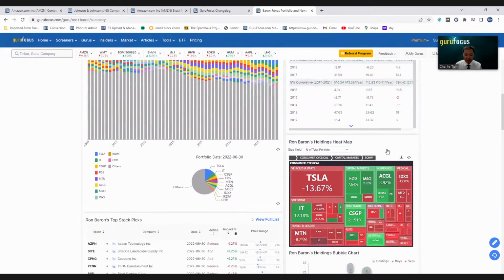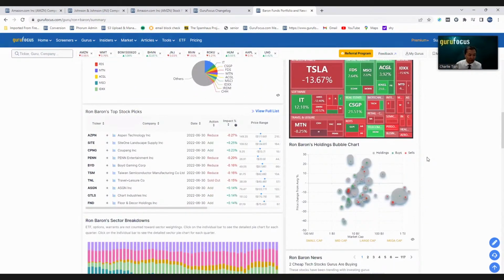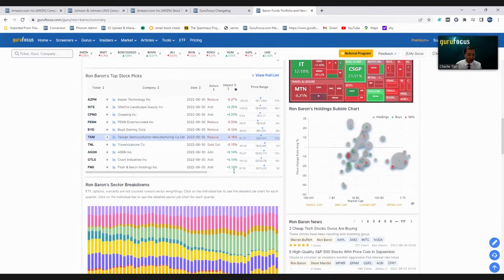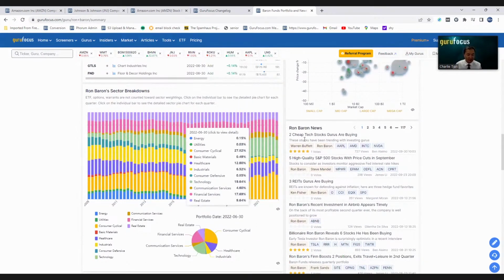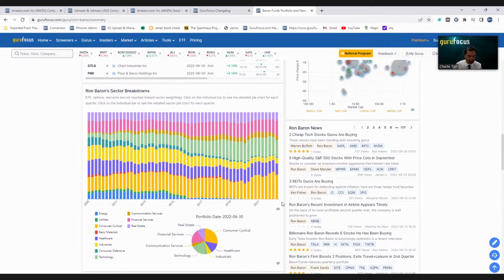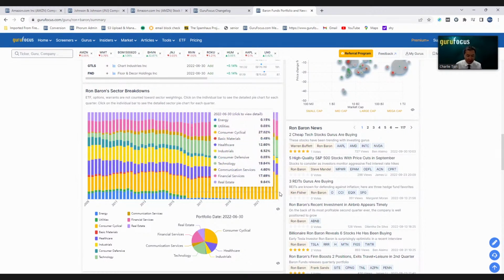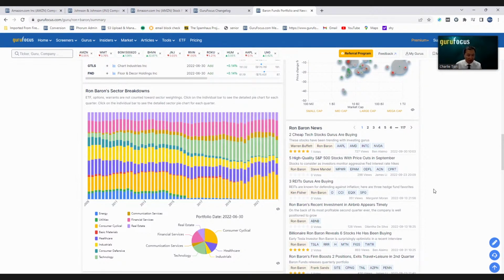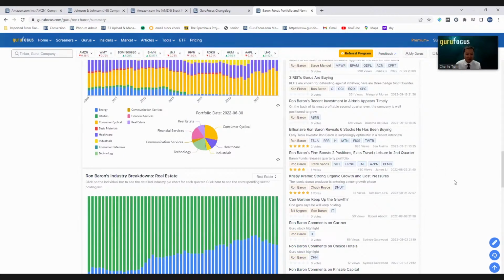That's his yearly returns over the years. Okay, that's his sector breakdown. His largest sector is consumer cyclical, and financial services is his second largest sector.